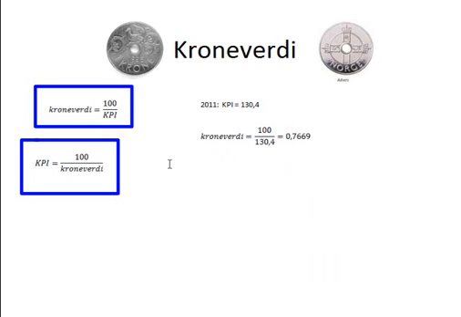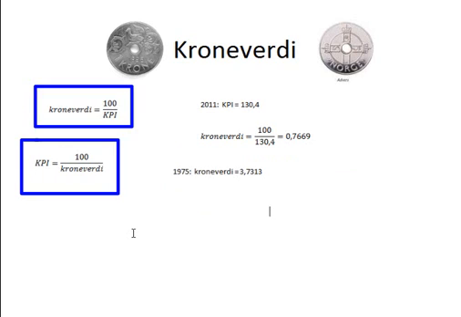I'm gonna do another example where we know the kroneverdi, but we're going to find the consumer price index. And I'm going to look at the year 1975. And in 1975, the kroneverdi was 3.7313. So I'll just use my formula from the left-hand side.